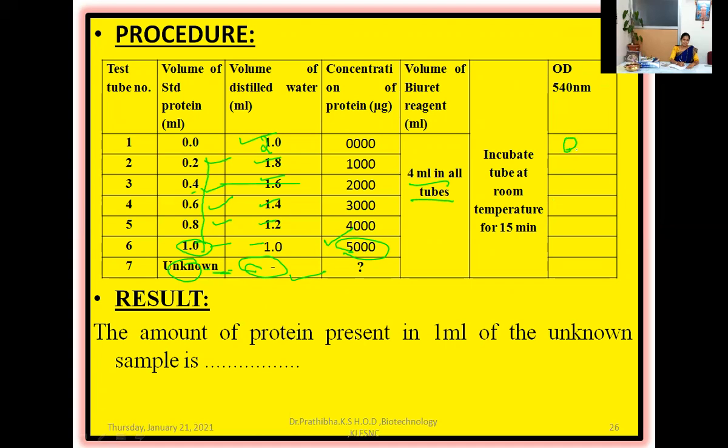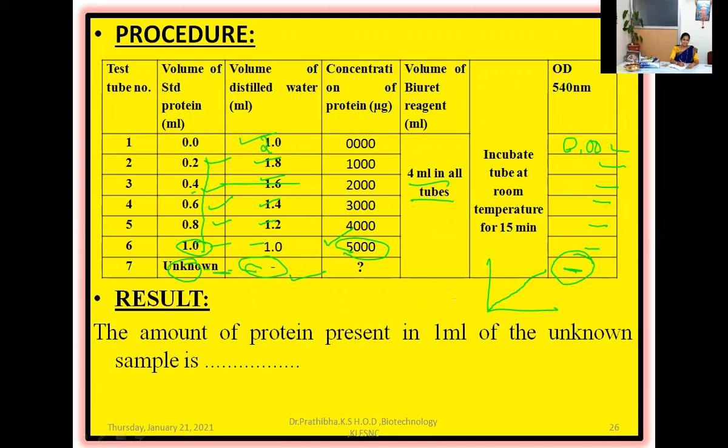The first one will always be 0.00, then you need to take the OD. Whatever OD you get for the unknown sample, you'll get an OD for each tube. By using all those ODs, you are going to plot the graph, that is the standard curve, and you are going to find the unknown using this standard curve.